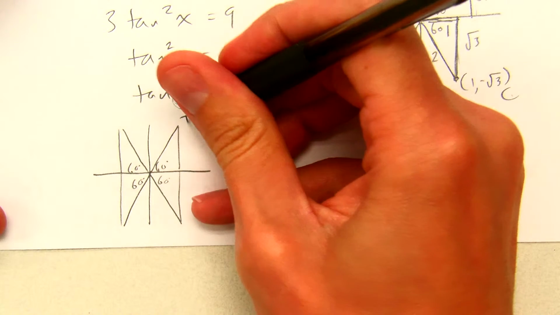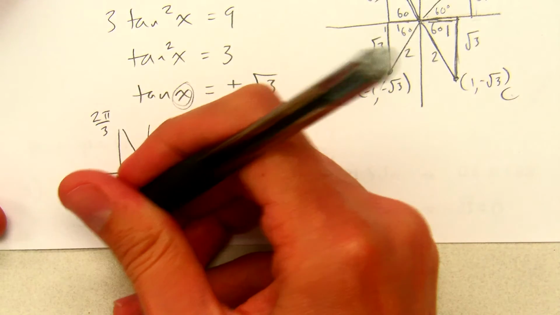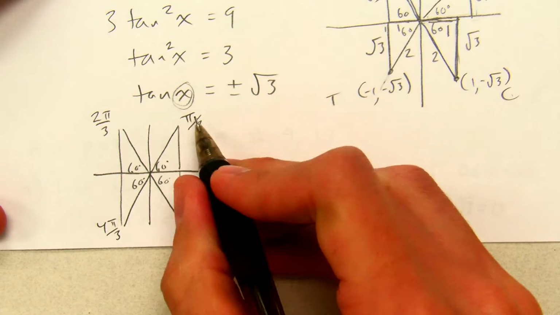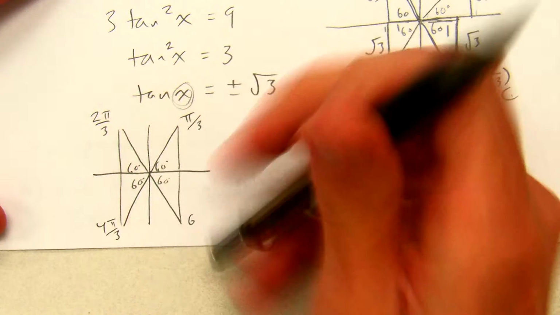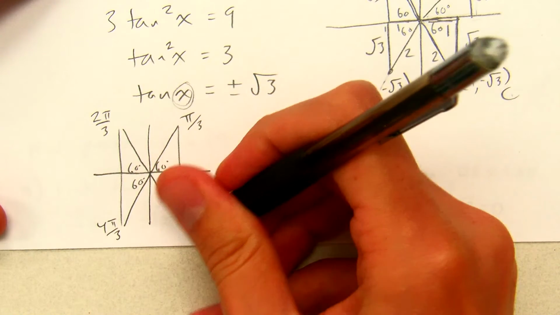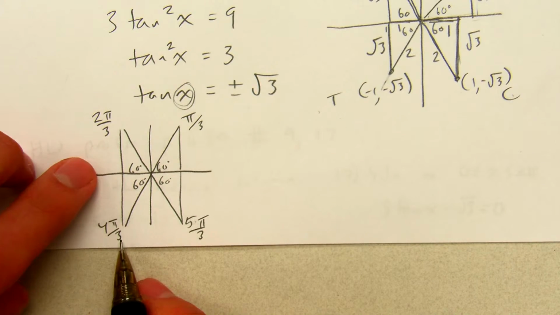This one's pi over 3, 2 pi over 3, 4 pi over 3, and 5 pi over 3. Careful. Okay, 5 pi over 3. 2 pi over 3 and 4 pi over 3 we recognized from our problem in the last video, actually.